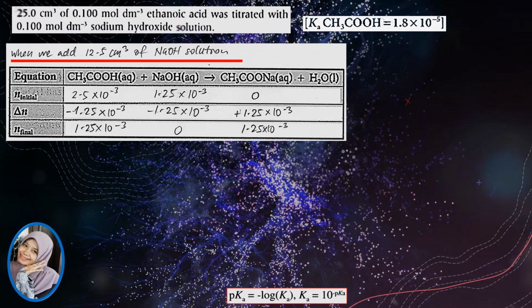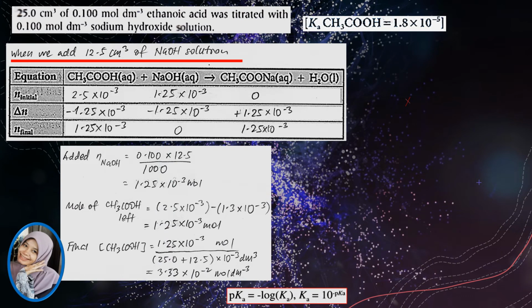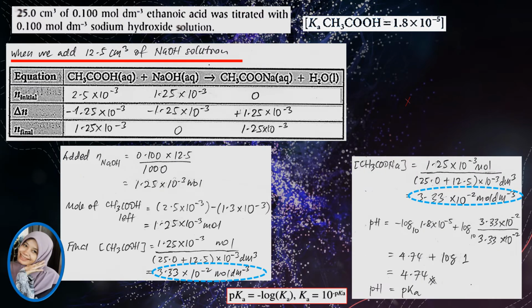Now, we add 12.5 cubic centimeters of sodium hydroxide. Again, sodium hydroxide will be completely used up, and ethanoic acid is in excess, producing sodium ethanoate salt. It's still buffer solution. From excess mole of ethanoic acid, its concentration is 3.33 times 10 to the negative 2 molar, which is equal to the concentration of the sodium ethanoate salt.